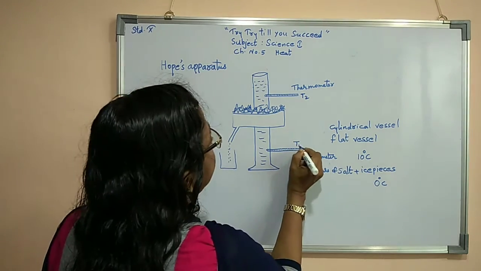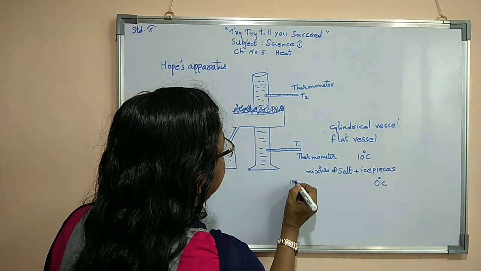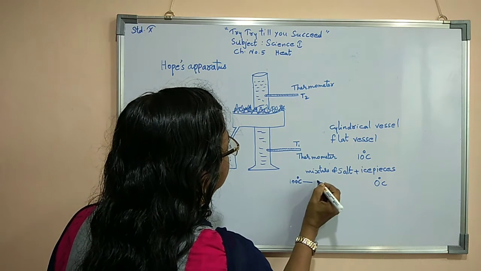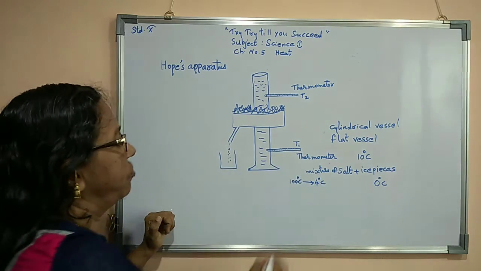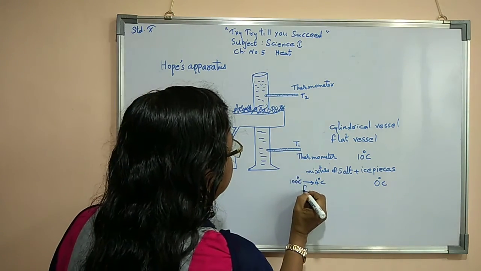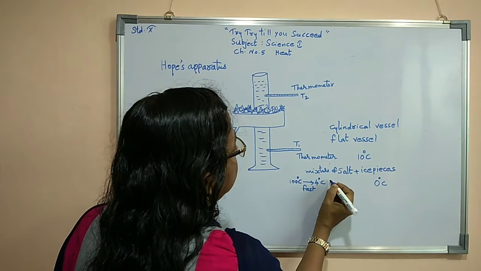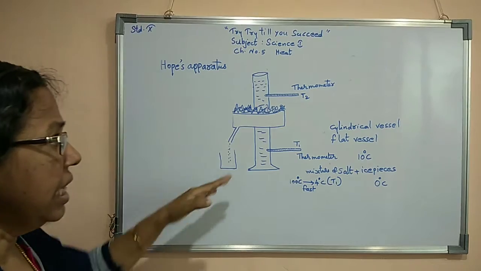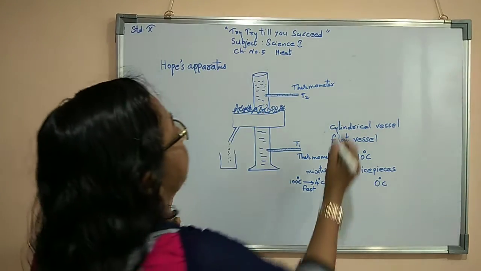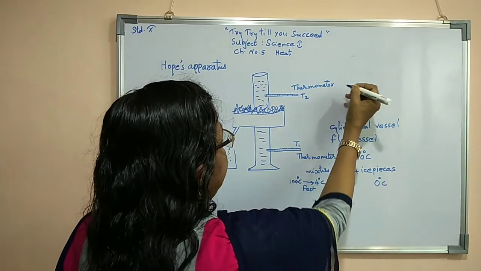So from 100 degrees Celsius to 4 degrees Celsius, the reduction of temperature will be very fast. This is happening in the T1 thermometer. At the same time, in the T2 thermometer, the temperature reduction.